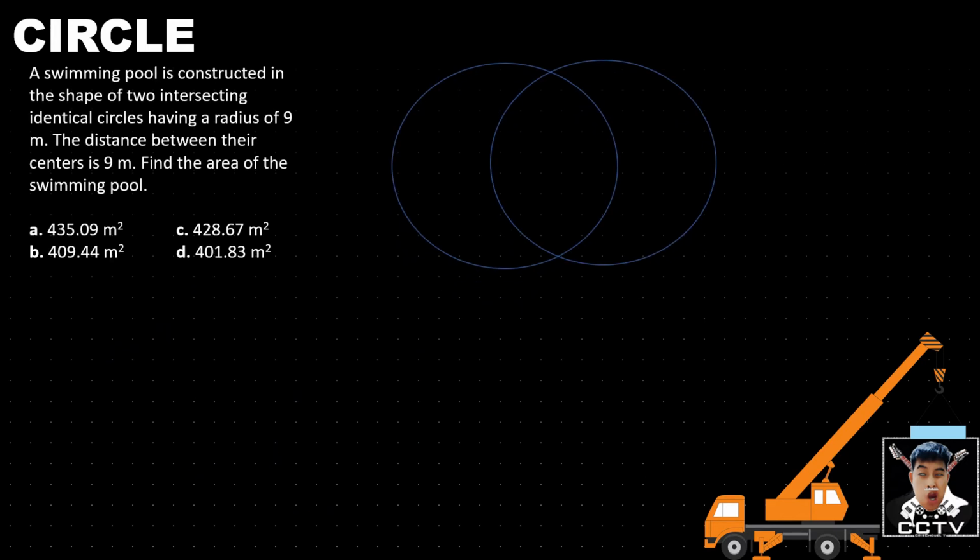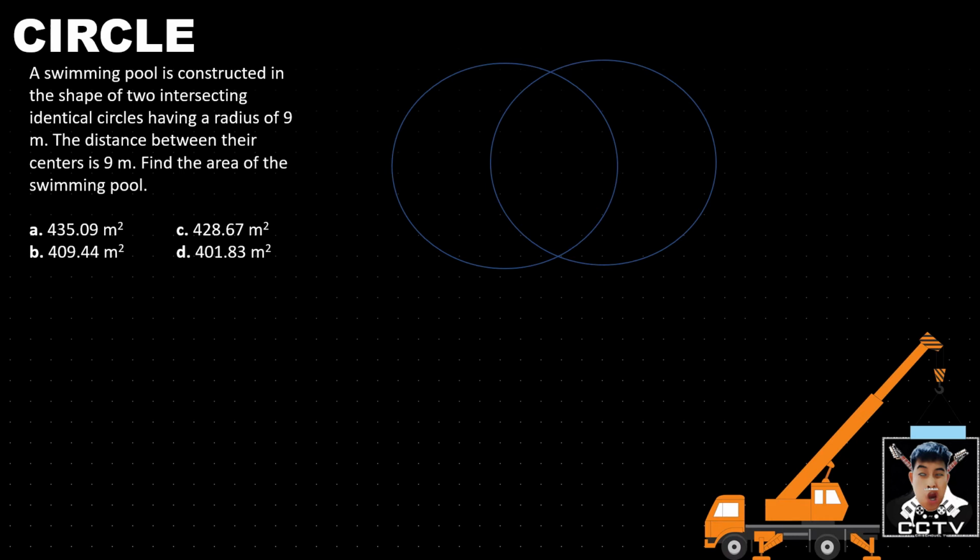A swimming pool is constructed in the shape of two intersecting identical circles having a radius of 9 meters. The distance between their centers is 9 meters. Find the area of the swimming pool.